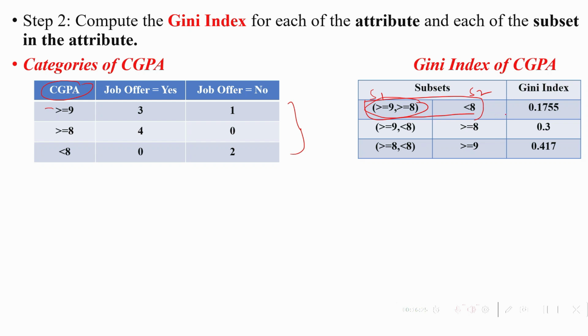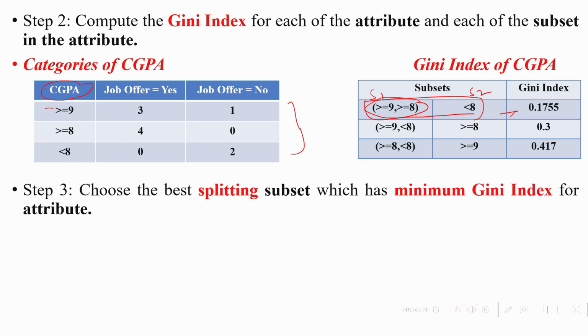Based on these different categories, we find the different Gini index values: 0.1755, 0.3, 0.417. Out of all these three Gini indexes, 0.1755 is the lowest value, so this is the best splitting of the given category, CGPA.